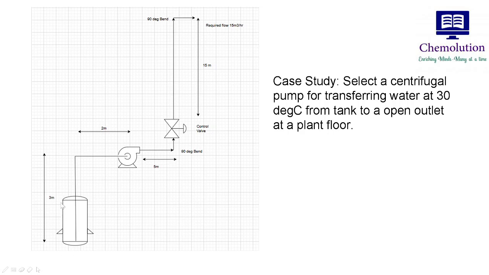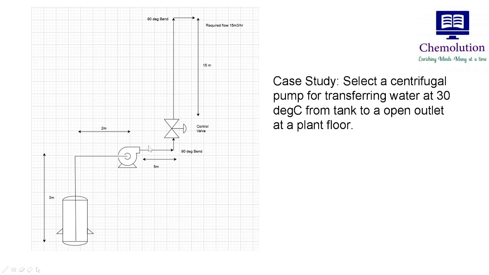So why have we considered this 3 meter? Because we should be able to pump the liquid out from this tank even when the liquid is filled at a point where the dip pipe is touching the bottommost part of the tank. So this height needs to be considered because the liquid would have to be pumped from this point up to this point.